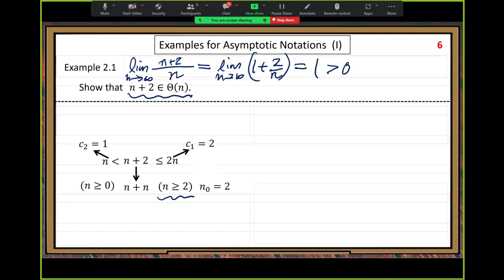With the definition method, you need to do a little more work. The limit method is usually a little easier. All right, so that's the first example. The second example, let me erase this.